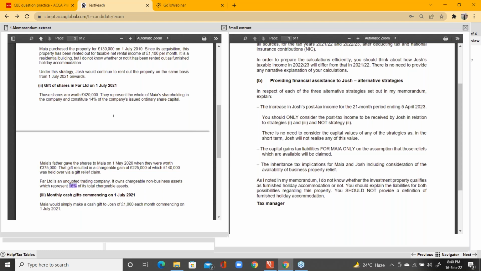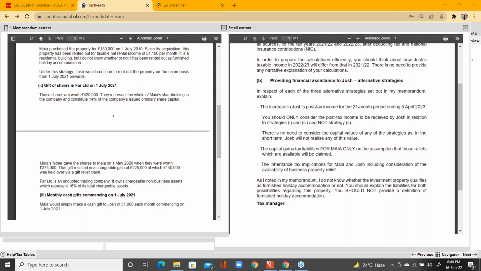And here you can see 16% are the non-business assets. So it means any rollover relief can be claimed up to 84% of the gains amount, because there would be no relief available on the non-business assets.